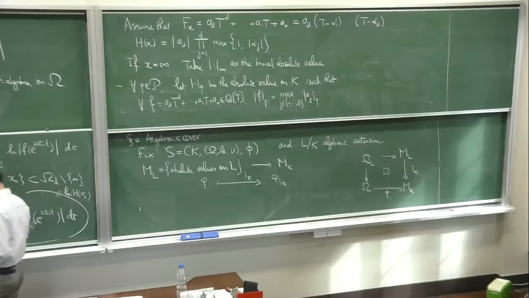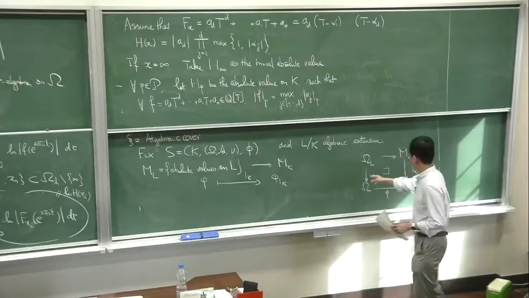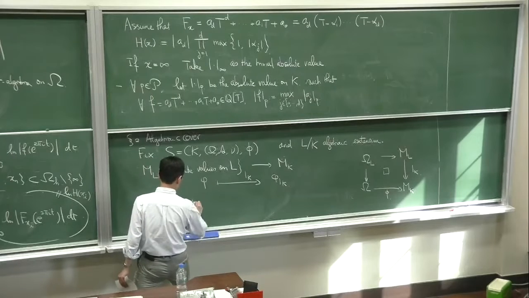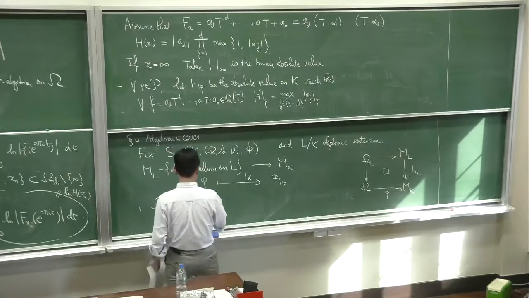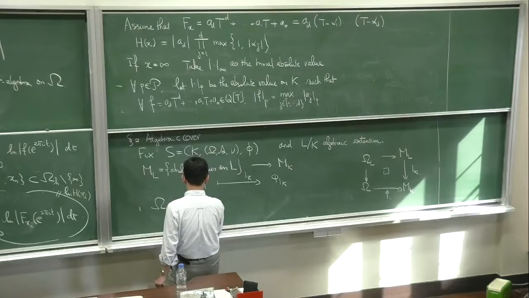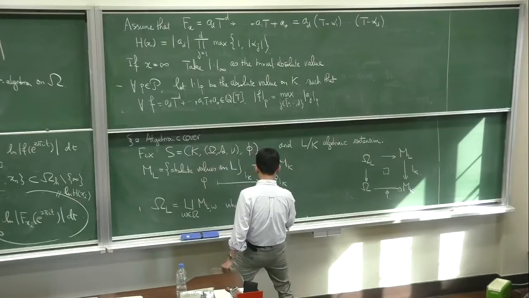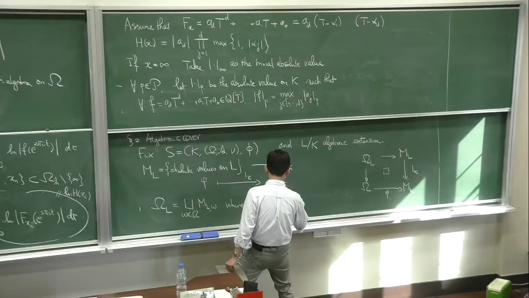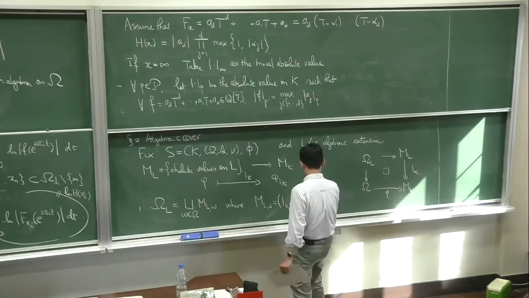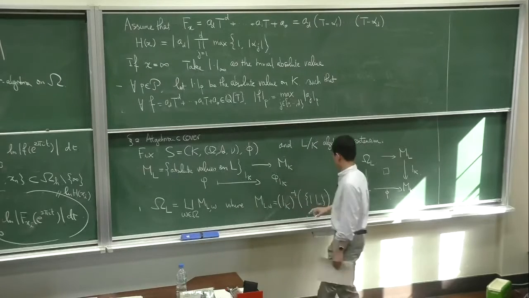So what is the explicit construction of omega_L? Omega_L is just the disjoint union of M_{L,omega} for omega in omega, where M_{L,omega} is the restriction to K inverse of the one point set, the absolute value omega.